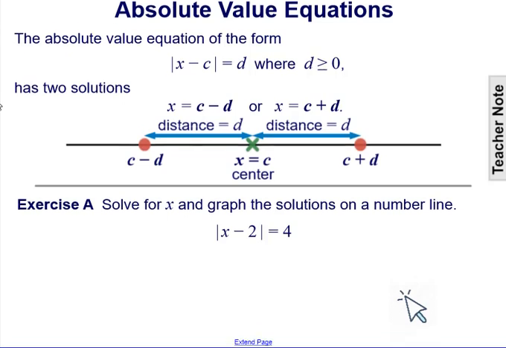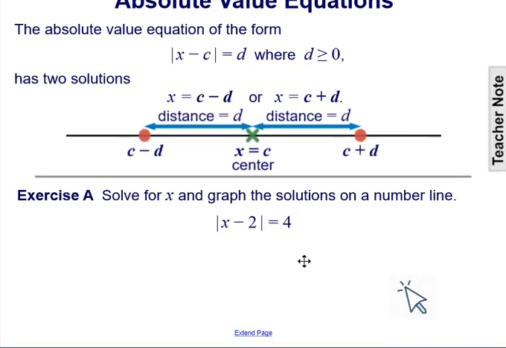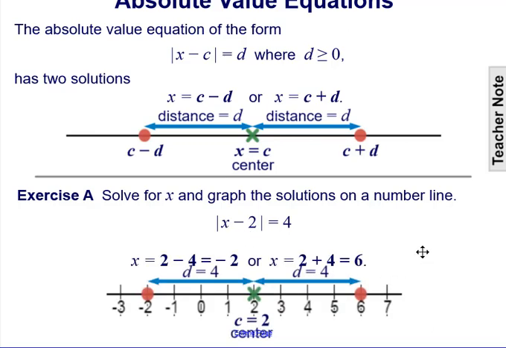So here's an example of how that works. Here's where c and d have numbers. We have the absolute value of x minus 2 is equal to 4. So if we look at this graphically, that means we have a center of 2, c is 2, and we're moving a distance d of 4 in both directions.